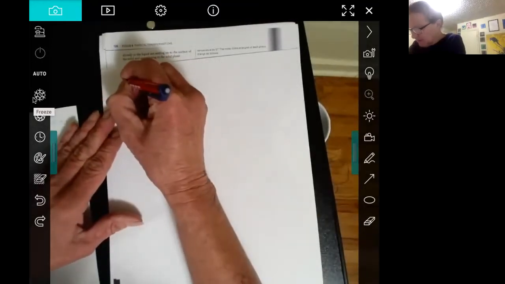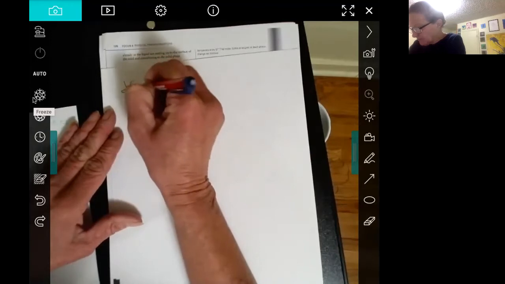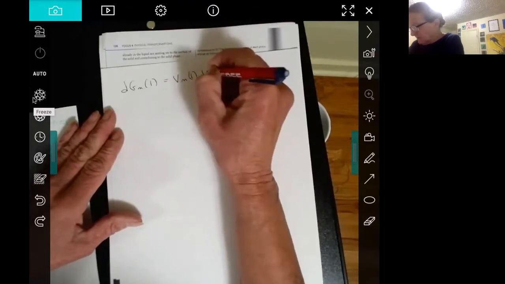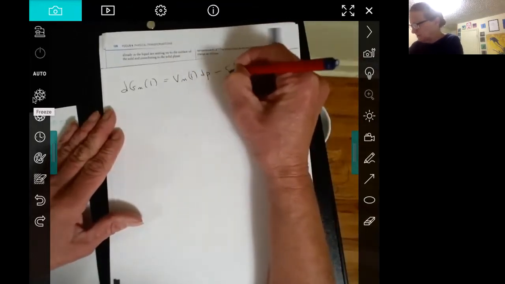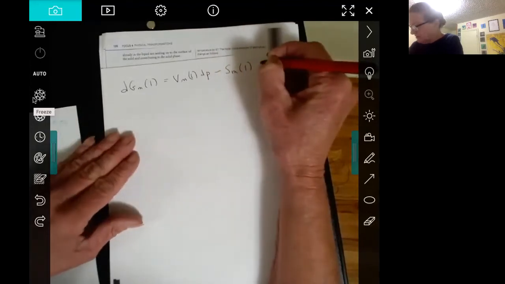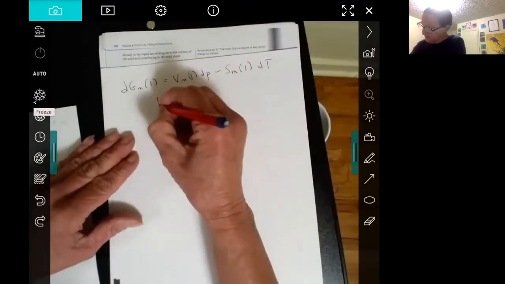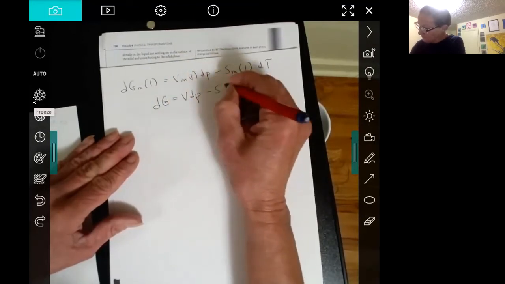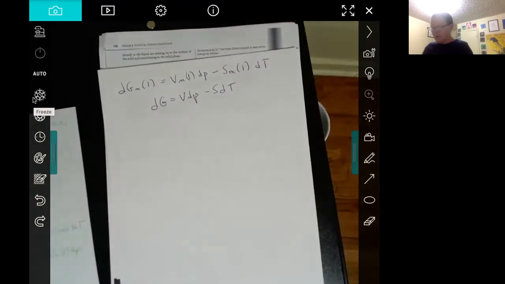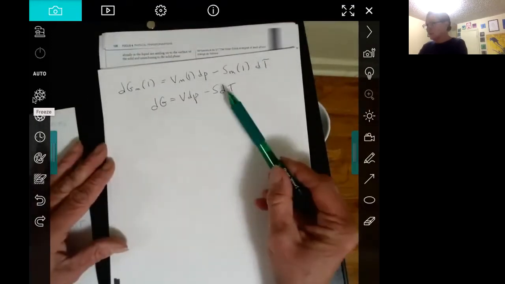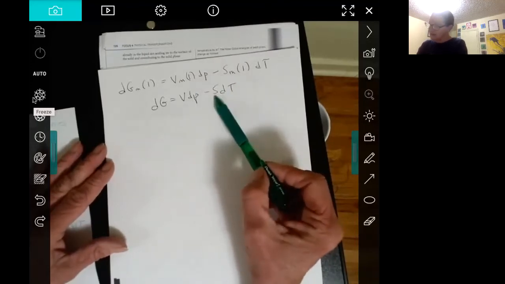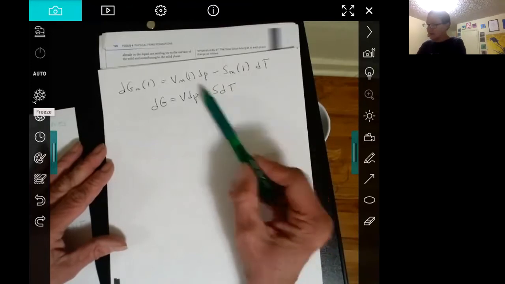So we've already looked at this relationship for any one phase. We derived the relationship between pressure and temperature. And so we saw in the last section that the Gibbs free energy changes as a function of pressure and temperature, and that the proportionality constants, or how they change, is entropy and volume.